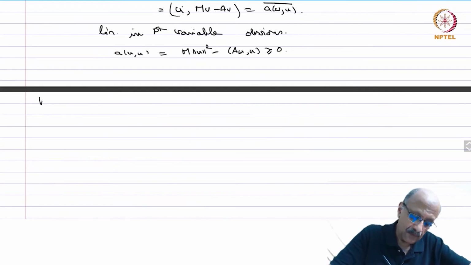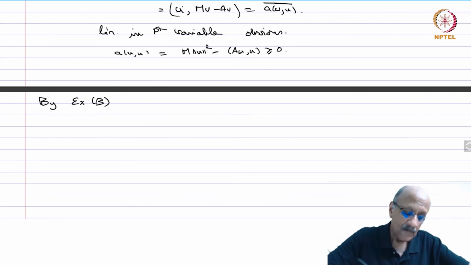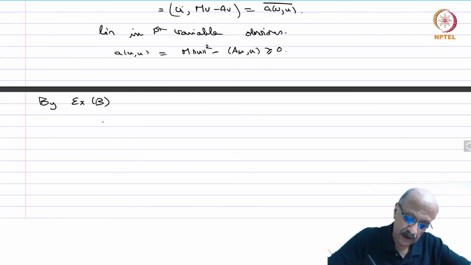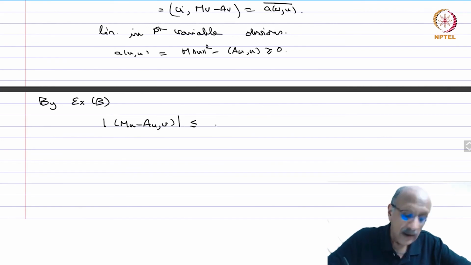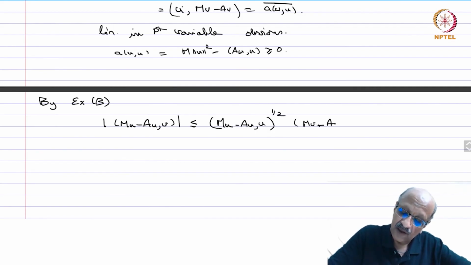Therefore by exercise 13 we have the Cauchy-Schwarz inequality. So mod of (Mu minus Au, v) is less than or equal to (Mu minus Au, u) to the power half and (Mv minus Av, v) to the power half.